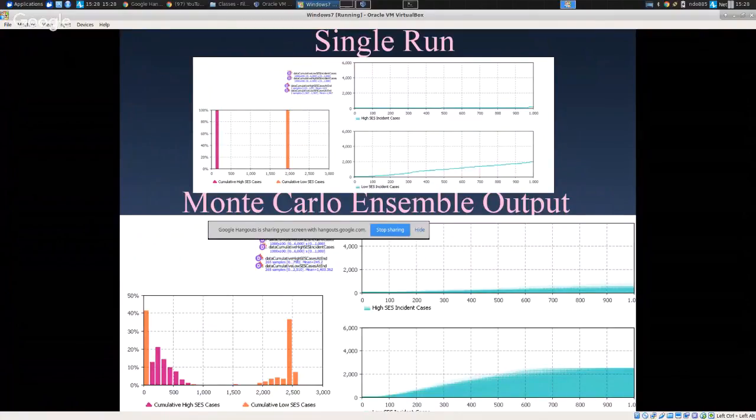So a single run of the model might lead to, for example, a particular outcome over time. If we look at the outcome at the final time, there'll be some number of individuals who have gotten sick who are in the rich group or the poor group, and the number of individuals over time who are sick could be plotted out. But if we run the model many, many times, we'll start to see variation between these things because there's some stochastics.